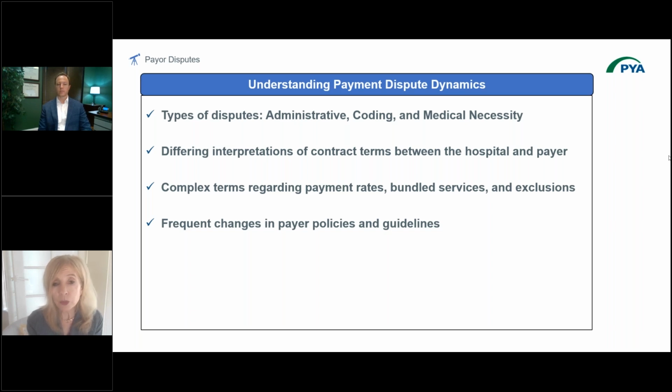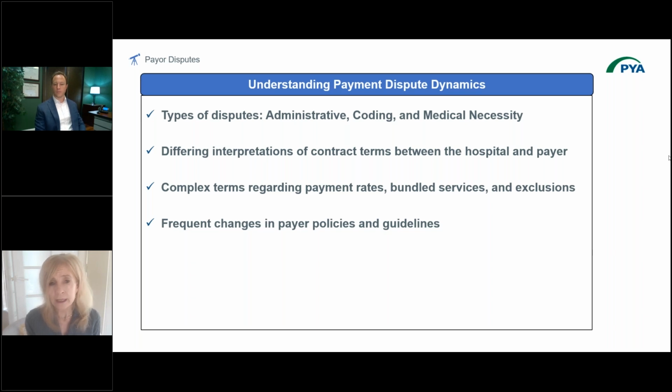And then we like to put in the contract, if there was a material change in those payment policies that created a material reduction in your reimbursement, you have the ability to go back and adjust the rates for services that are paid. This is really important, especially in the professional world.